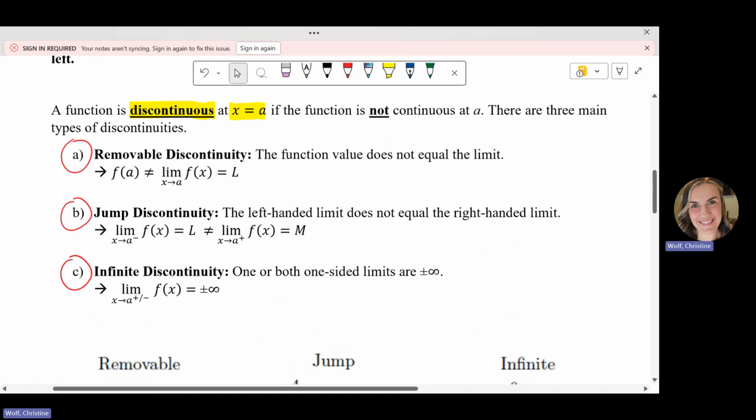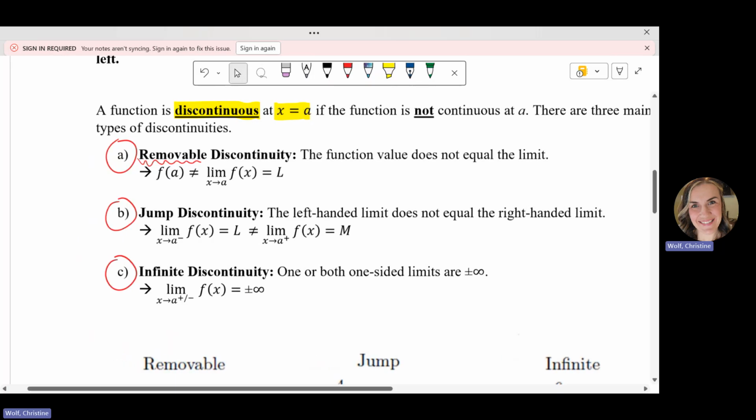Okay, so we'll say something is discontinuous with a removable discontinuity if the function value does not equal the limit. What that means is this value we get when we check the function at a random x value, that answer that we get does not equal the limit.